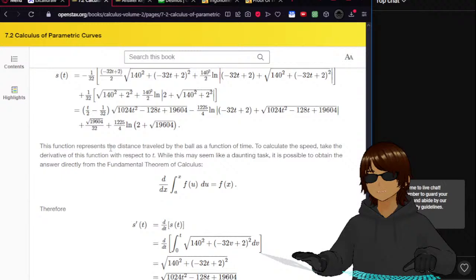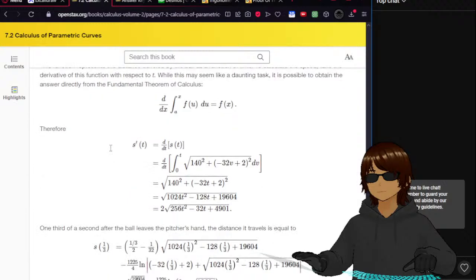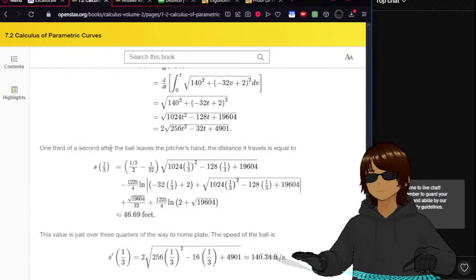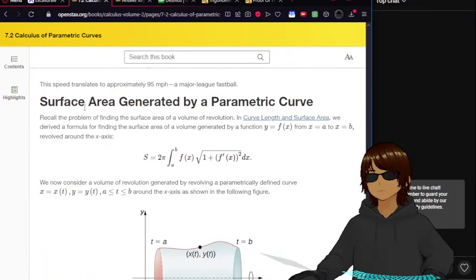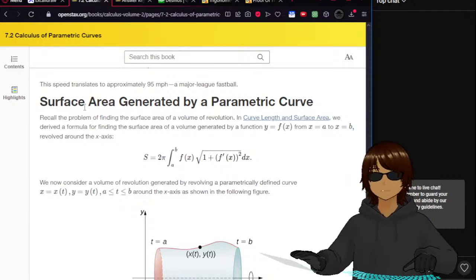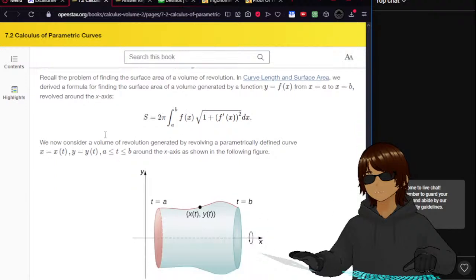Now what's all this? Surface area generated by a parametric curve. We called the problem of finding the surface area of a volume of revolution. We derived a formula for finding the surface area of a volume generated by a function y equals f of x from a to b, revolved around the x-axis.